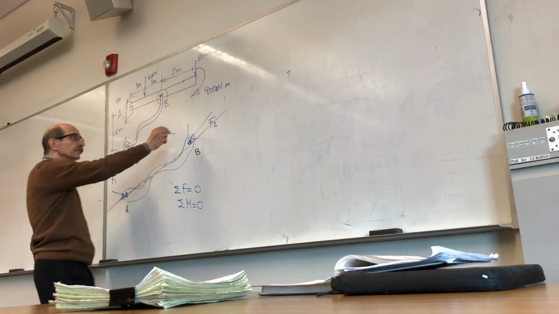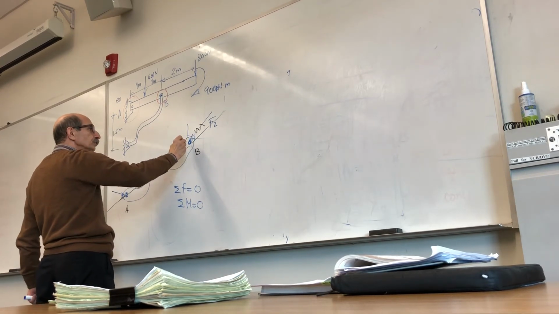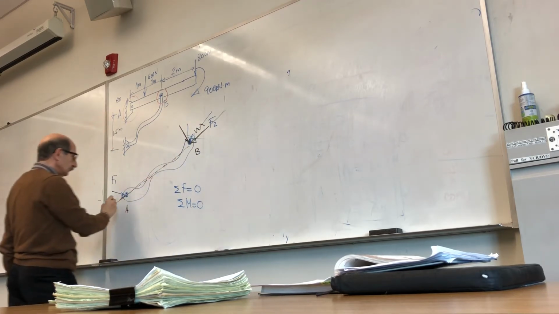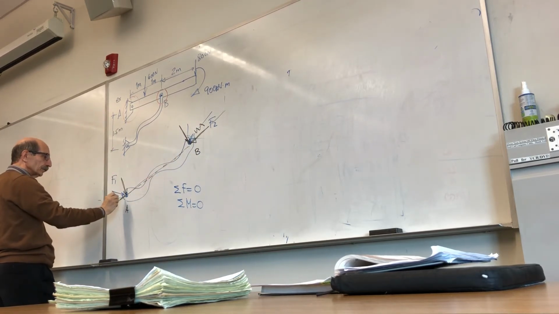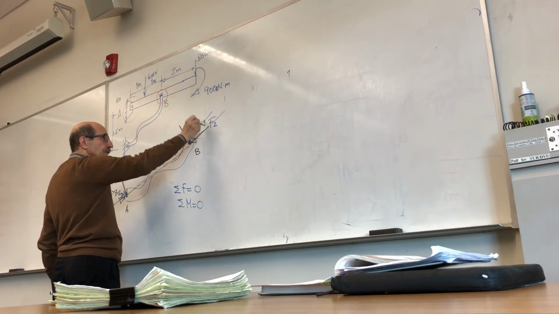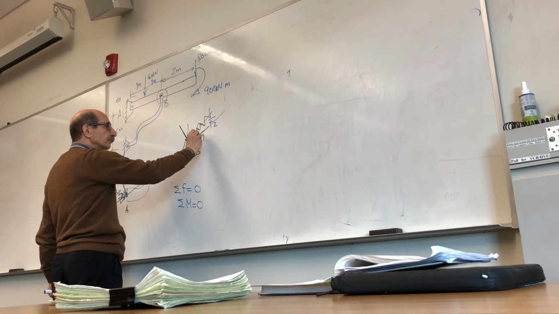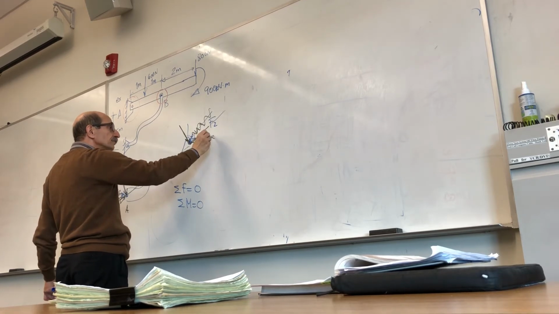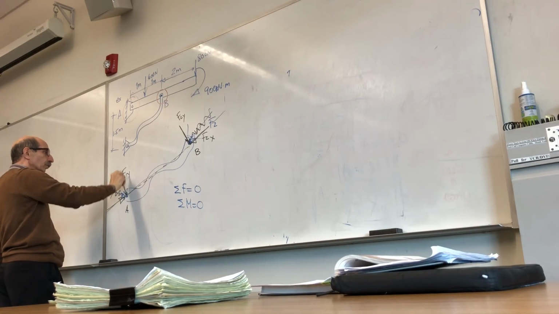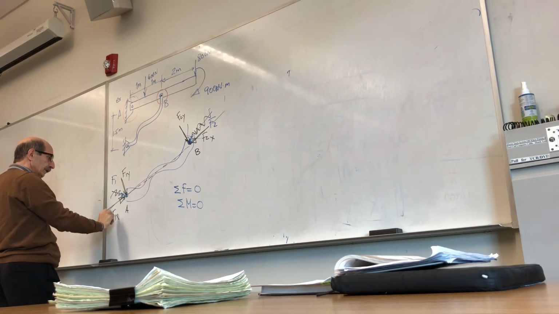I will resolve this force now into components along this line and perpendicular to it. Mr. Saint Venant, where are you? So this is F2x, this is F2y, this is F1y, this is F1x.